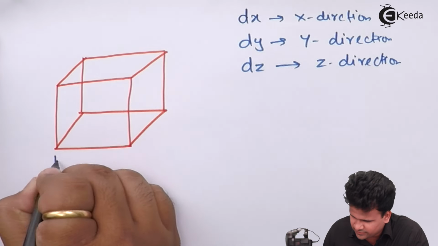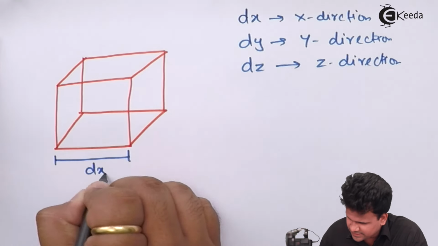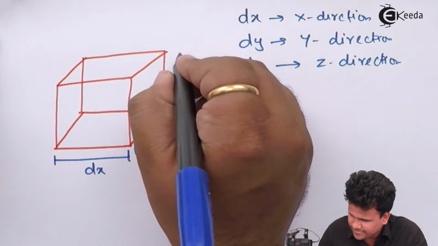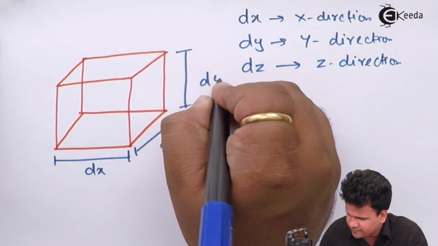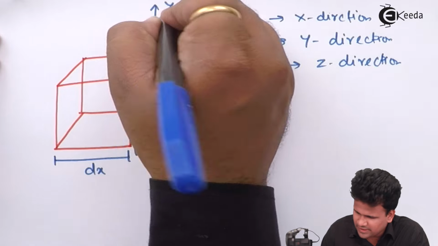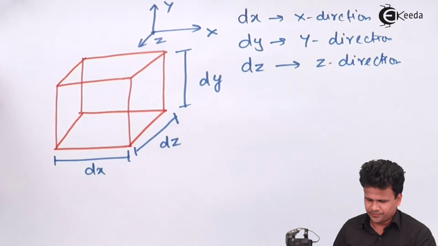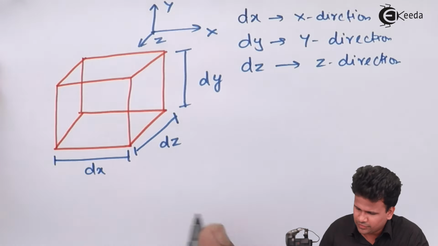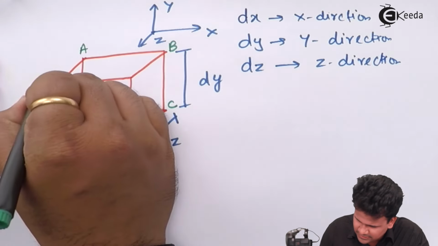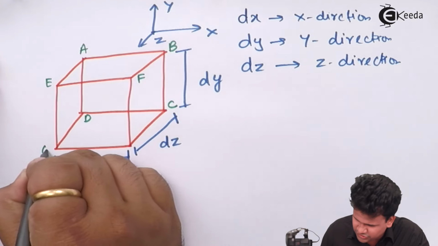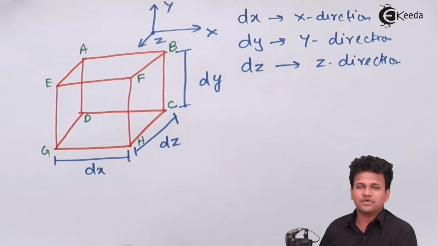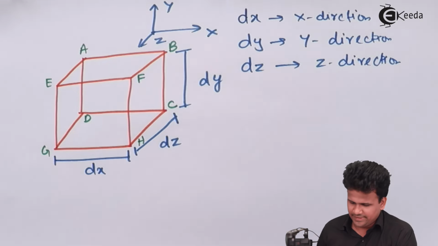So this part over here is dx, this let us consider dz, this as dy, and considering this as x-axis, y-axis, z-axis. Let the planes be denoted by A, B, C, D, E, F, G and H. So we have drawn the control volume, whose volume will be equal to dx, dy and dz.